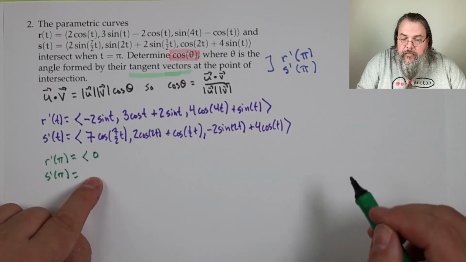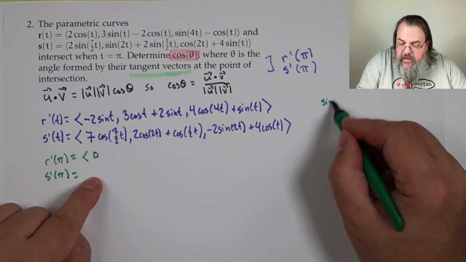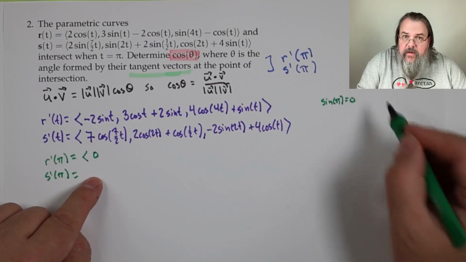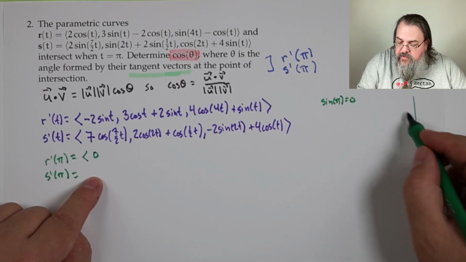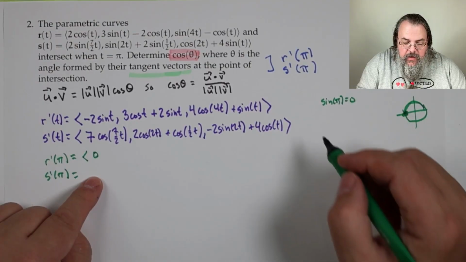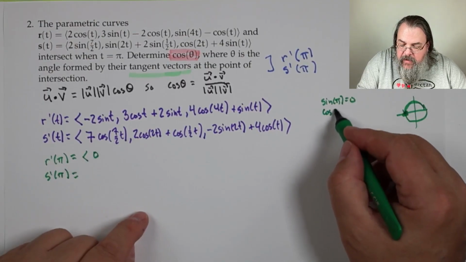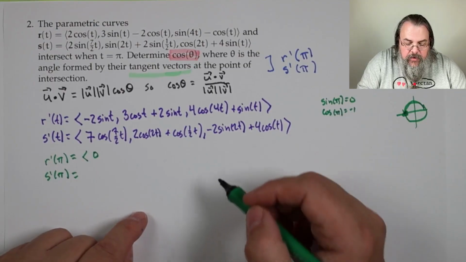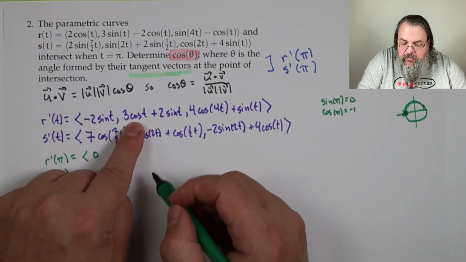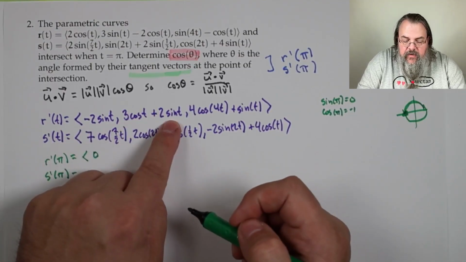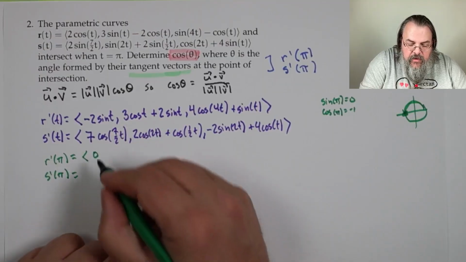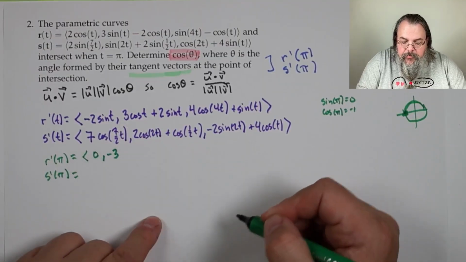We maybe can write down some values. Sine of pi is 0. If you think in terms of the unit circle here, pi is right over here. And cosine of pi is -1. Okay, so cosine of pi is -1. Sine of pi is 0, so that's -3 plus 2. So that's -3.